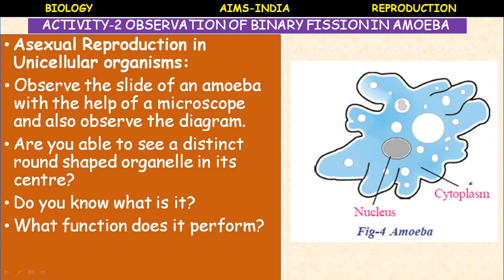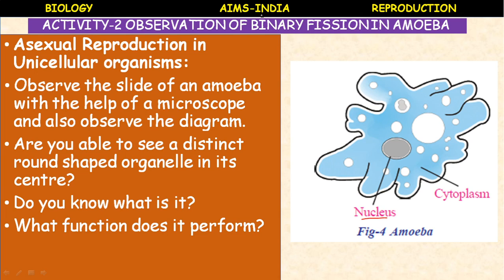When you observe the permanent slide of amoeba under the microscope, it is a unicellular organism. It possesses a centrally placed round or oval shaped nucleus. These are pseudopodia, and this blue color represents the cytoplasm, which is divided into ectoplasm and endoplasm, and it possesses a food vacuole.